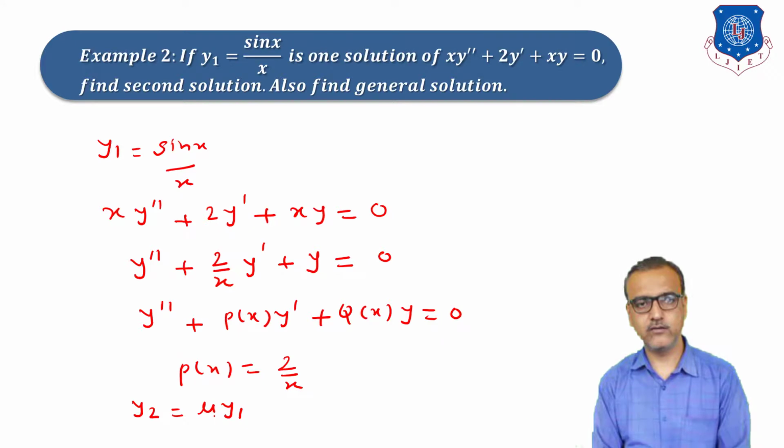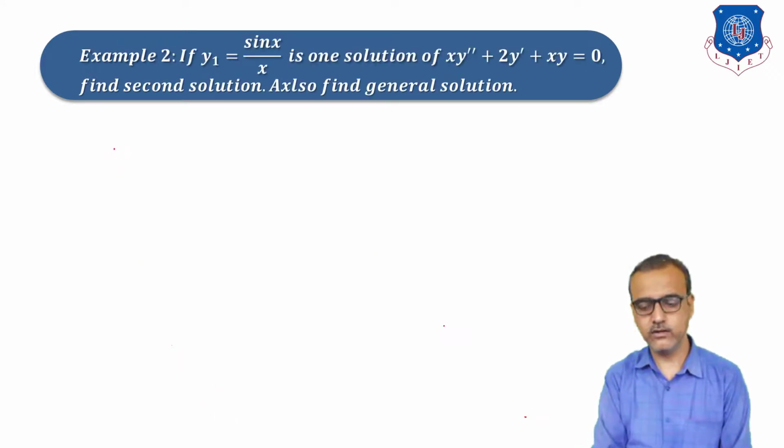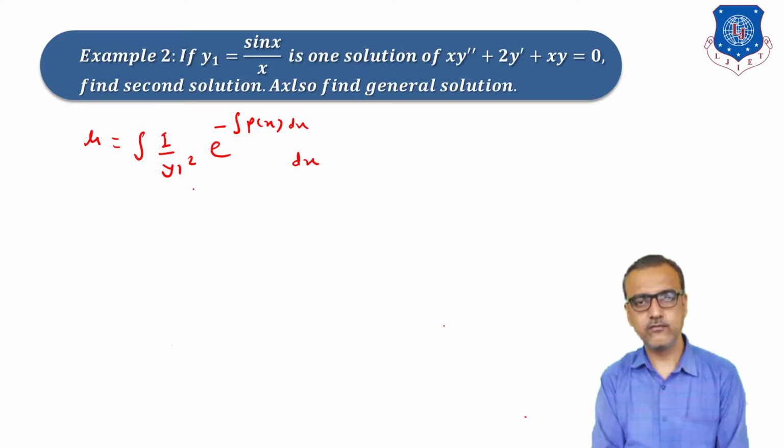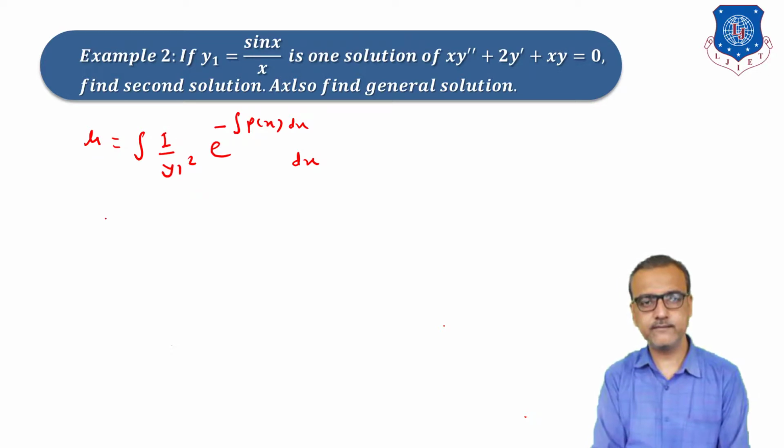Now we will write down the formula of u, that is integration of 1 upon y1 square e raised to minus integration p of x dx, dx. Now, what is p of x and what is y1?